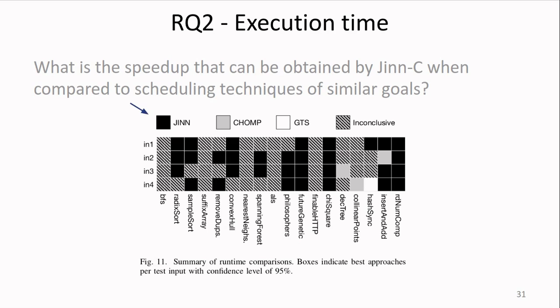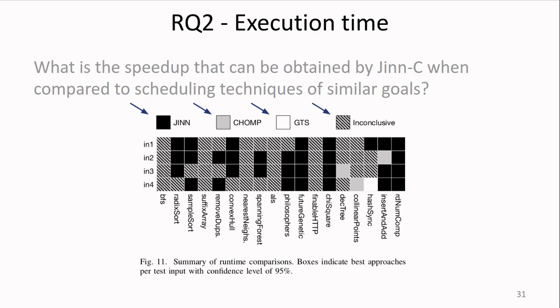In black, we have the benchmark inputs on which our technique, the GCC, led to the faster execution time. In gray, we have the cases where Chomp generated an application that could outperform both GCC and GTS. And in white, we have the cases when GTS was the best one, and the remaining was inconclusive.